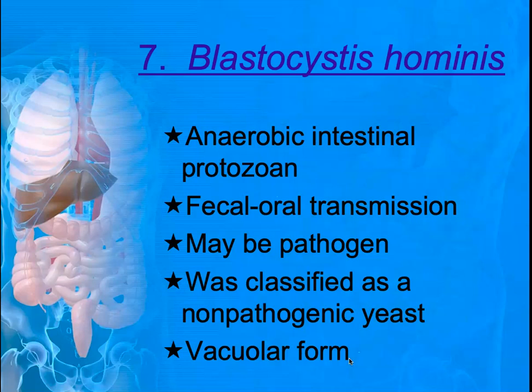Then they thought, well, maybe it's a non-pathogenic yeast. And then a lot of people in the scientific community decided it's an amoeba. So for our purposes, we're putting it in the amoeba category. So we're calling it an intestinal protozoan amoeba. It is transmitted by the fecal-oral route.